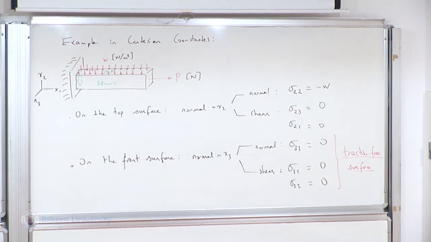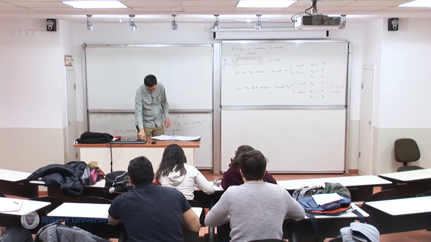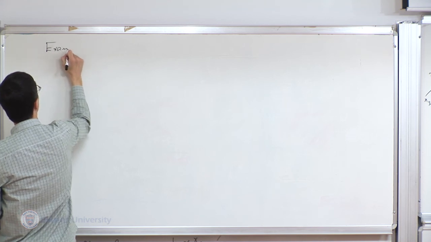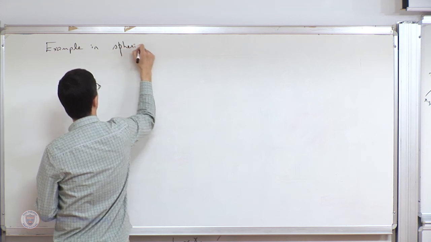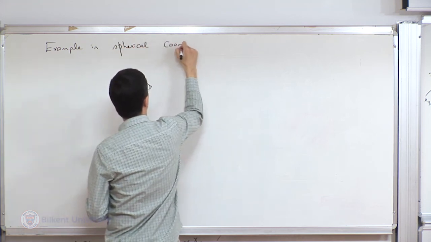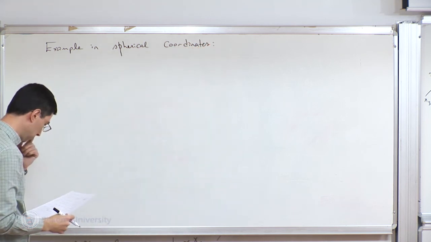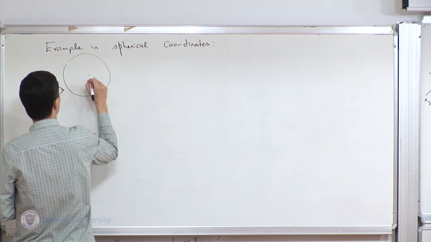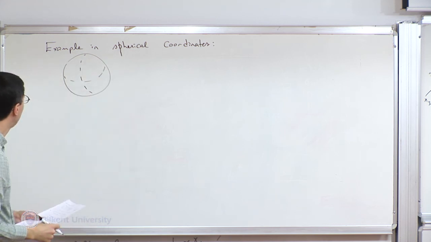Okay, right. So that's an example in Cartesian coordinates. Let's then proceed with an example in spherical coordinates. Okay, so somehow I have, let's say, a sphere.